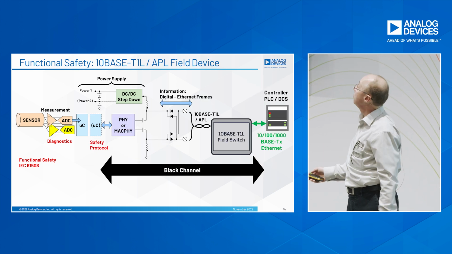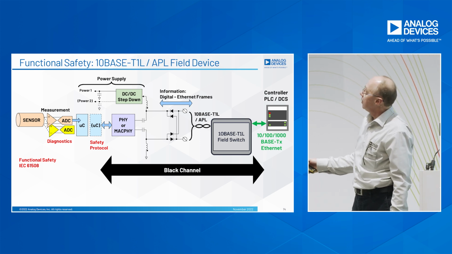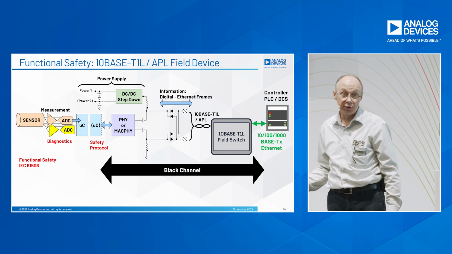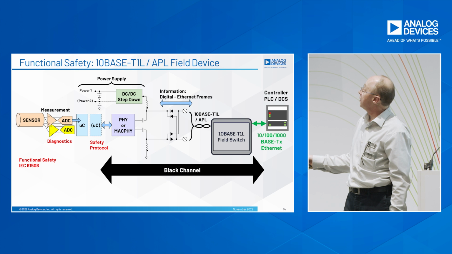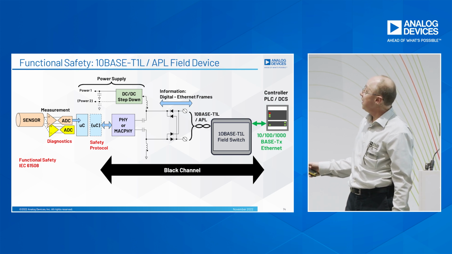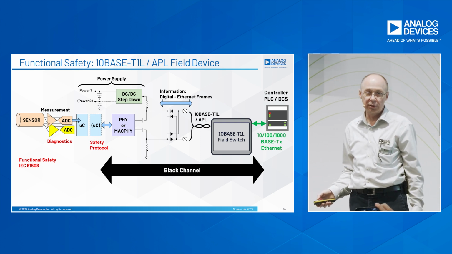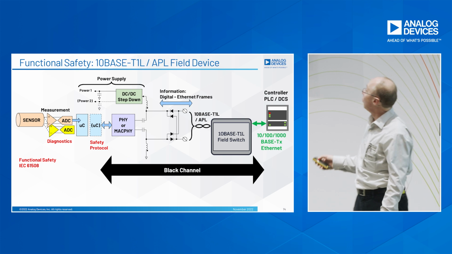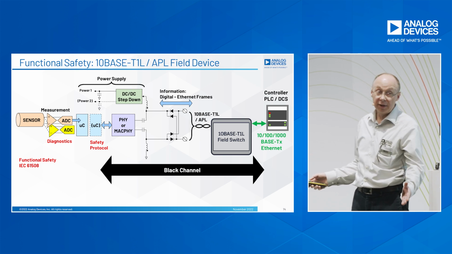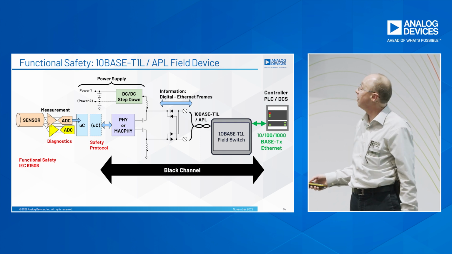Now, if you compare with the APL instrument, the same techniques, the same functional safety, the same redundancy applies for the analog front end connected to the sensor. But once you get to digital, it's relatively easy. It's a black channel. You either do get communication or you don't. And of course you apply some safety protocol. If you run Profinet, you will apply Profinet safety there.